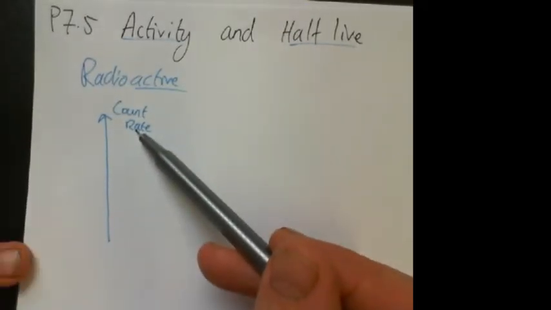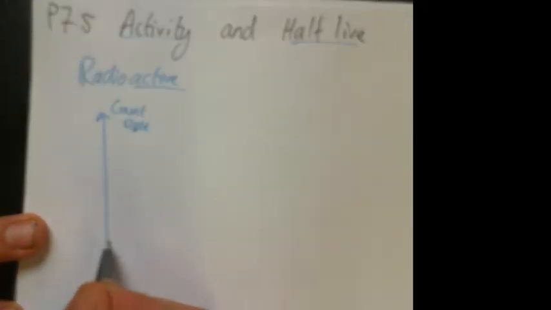So if we look at a graph of count rate, and what we're talking about with count rate is how many radioactive emissions we are counting, we need to look at how that changes over time.